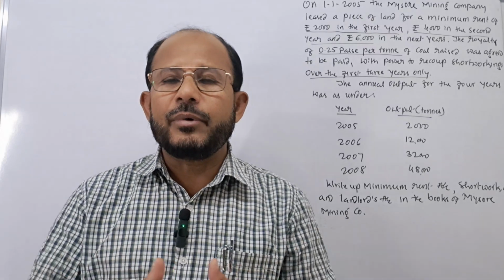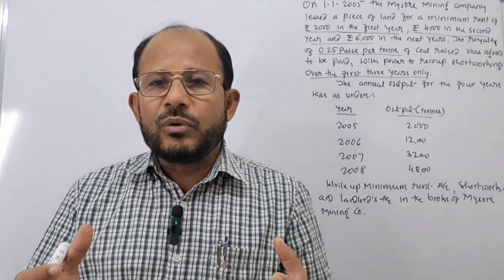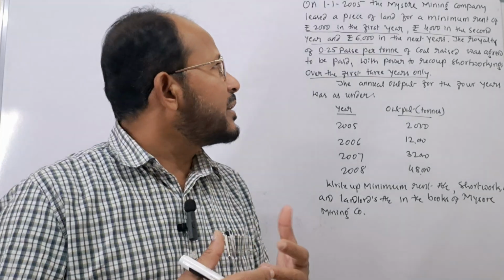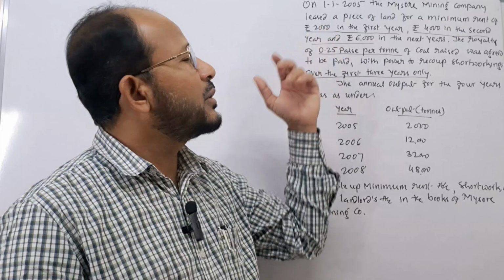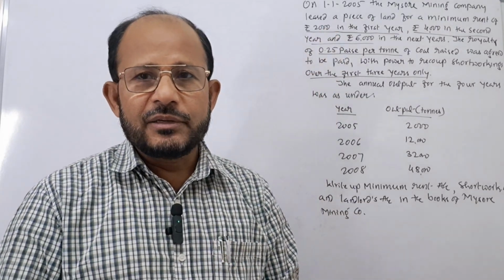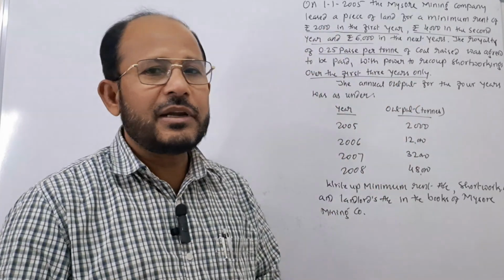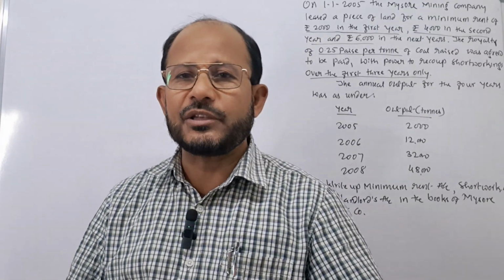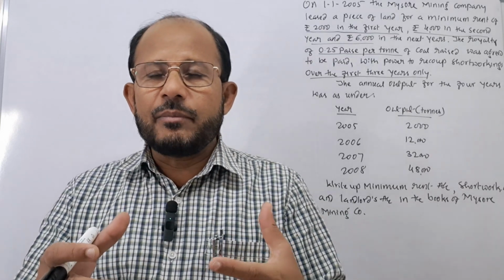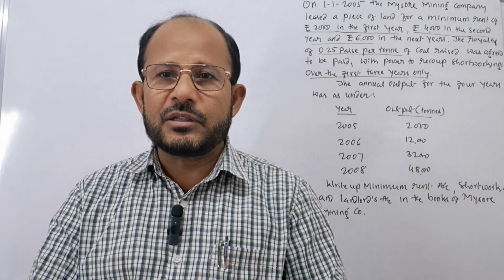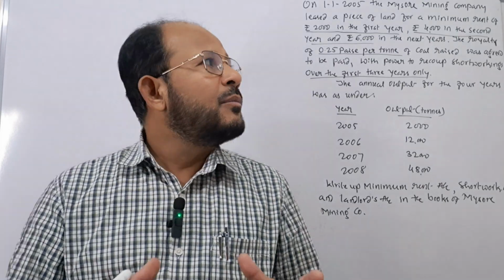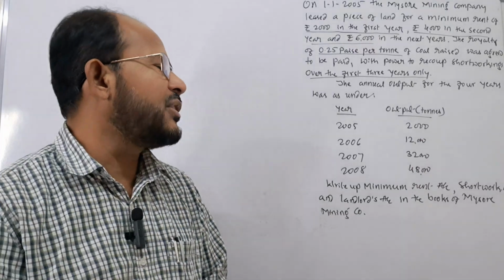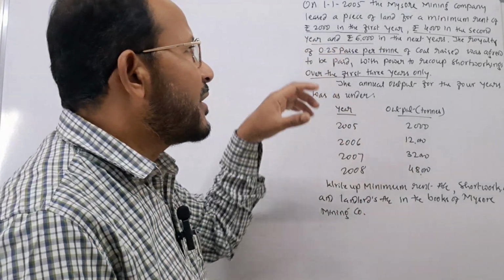Here, Mysore Mining Company has entered into an agreement with the landlord and has agreed to pay rupees 2000 as minimum rent in the first year and rupees 4000 in the second year and rupees 6000 for the next years. It means the minimum rent fixed is not the same for all the years. Minimum rent for the first year is different, second year is different and other years is different. This is the main difference in this problem.